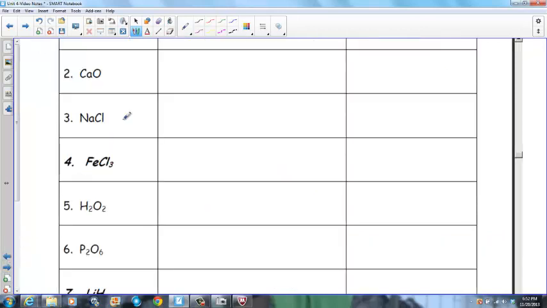So number 3, we have sodium chloride, and then we have to look at the electronegativity values of sodium and the electronegativity values of chlorine, and then we have to calculate the difference to figure out whether it is going to be ionic.